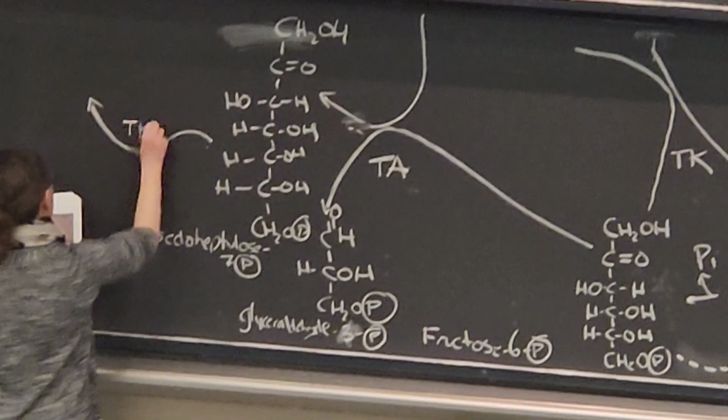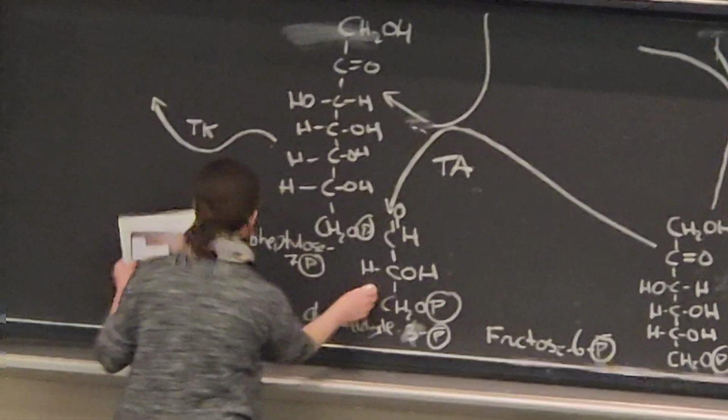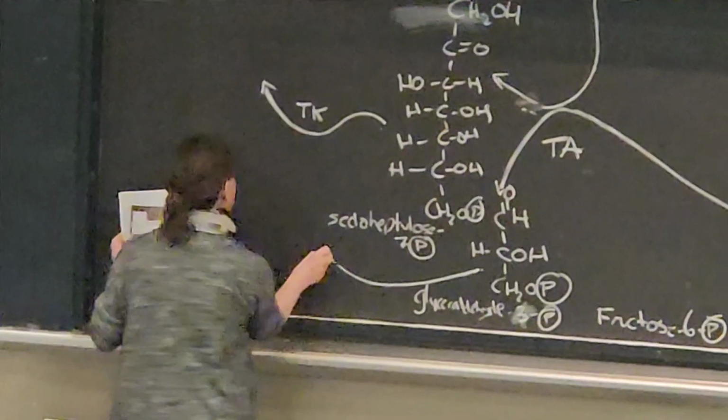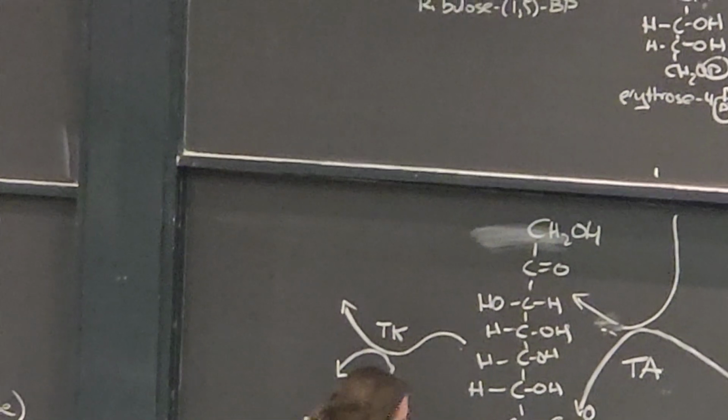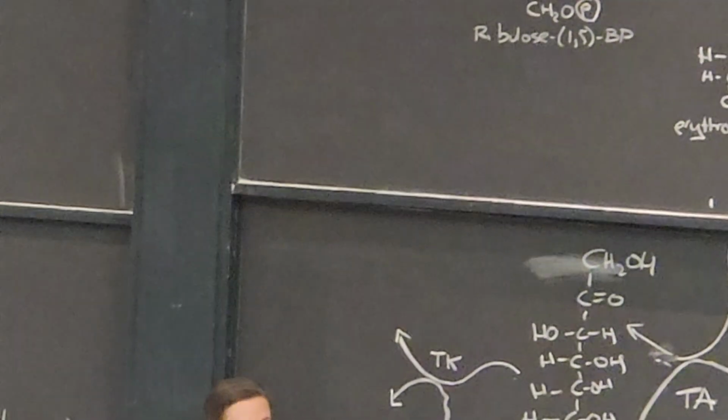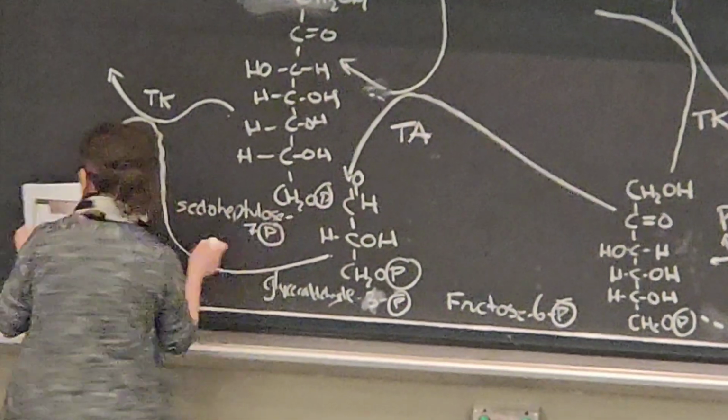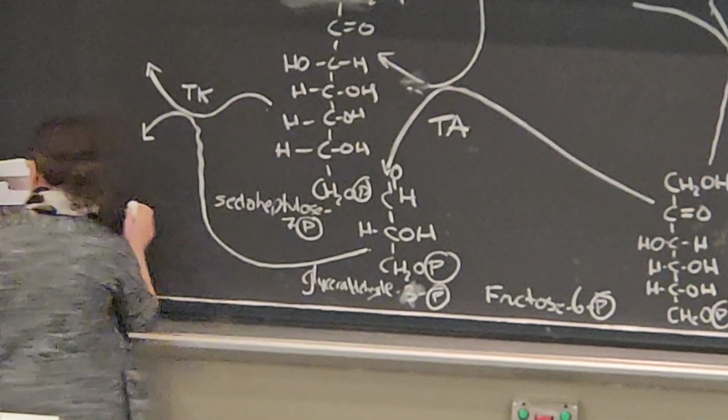Okay, so this is a transketolase reaction. We're going to take glyceraldehyde 3-phosphate, which is this molecule, and also pass it through this swap. This is our aldehyde, meaning it is our acceptor. It's going to get longer by 2 carbons. So 2 plus 3 is 5.